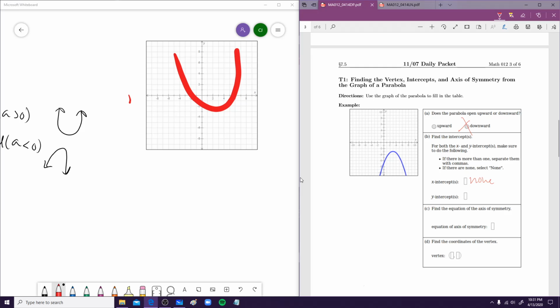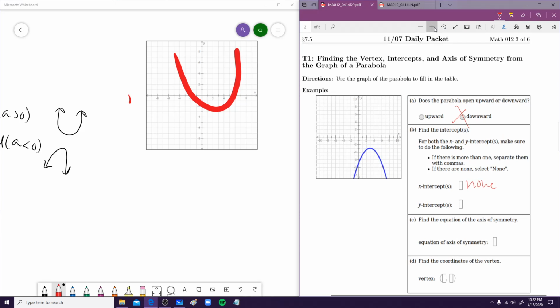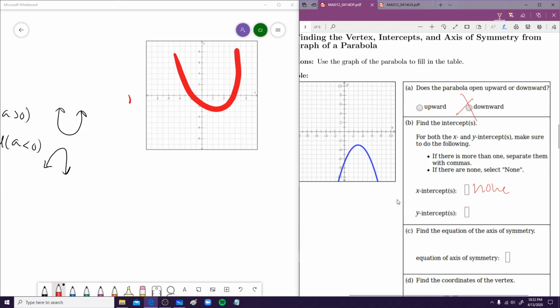Okay. So same thing with the y-intercept. Instead of going across the x-intercept, now I'm going across the y, and I'm going to see wherever my function crosses the y-axis. So we're going to do it here in the example. It's kind of small, so maybe I can expand it a little bit so it's a little more clear.